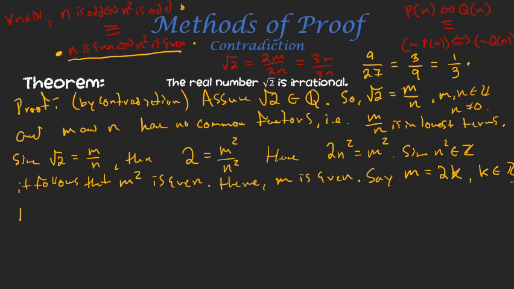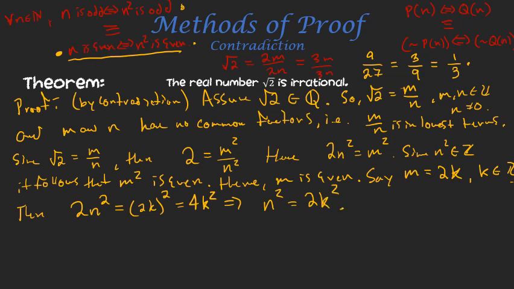Then 2n squared is equal to, plugging 2k in for m, 2k squared, which is 4 times k squared. And so 2n squared is equal to 4k squared, which implies, if I divide by 2 on both sides, that n squared is 2 times k squared.